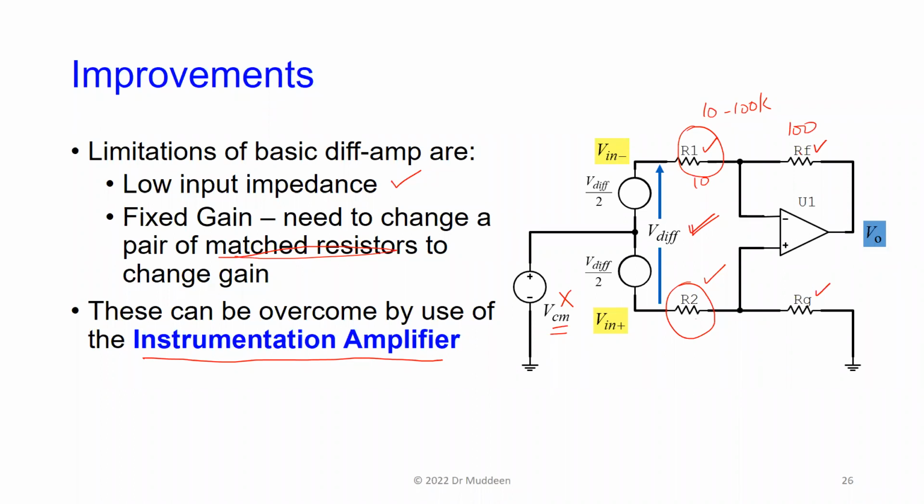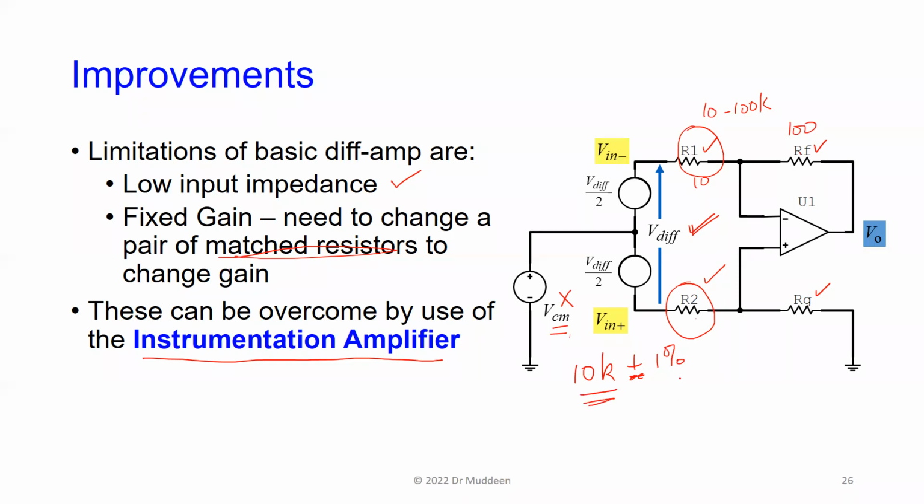Comments? Does it make sense? Yes. Let's say they give us R1 equal to 10K with a tolerance of 1%. So it would be 10K plus 1% of 10K.